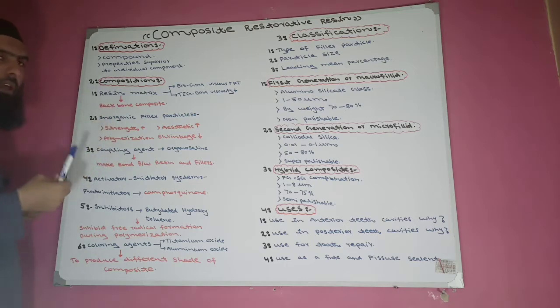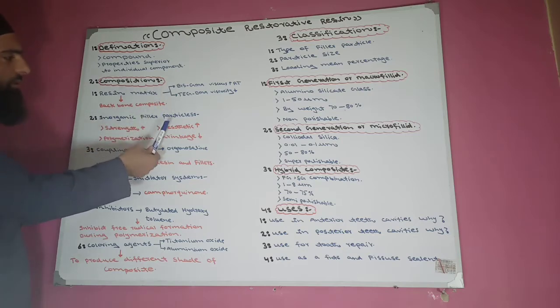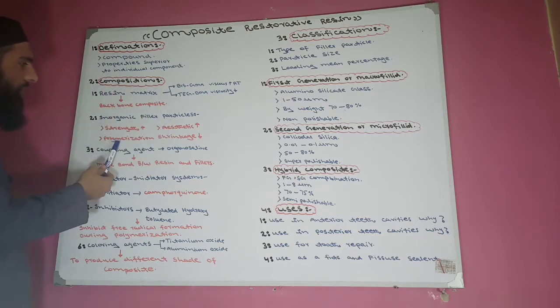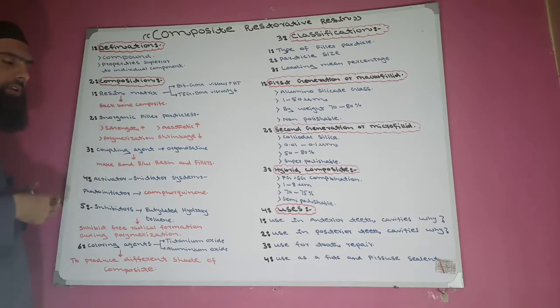Because the resin matrix has no inorganic filler particles, but composite resin has strength. Composite resin has aesthetics. Composite resin has less polymerization shrinkage. If we compare the resin matrix, only one component, with composite, the composite properties are superior to that component. Why? Because composite is a combination.